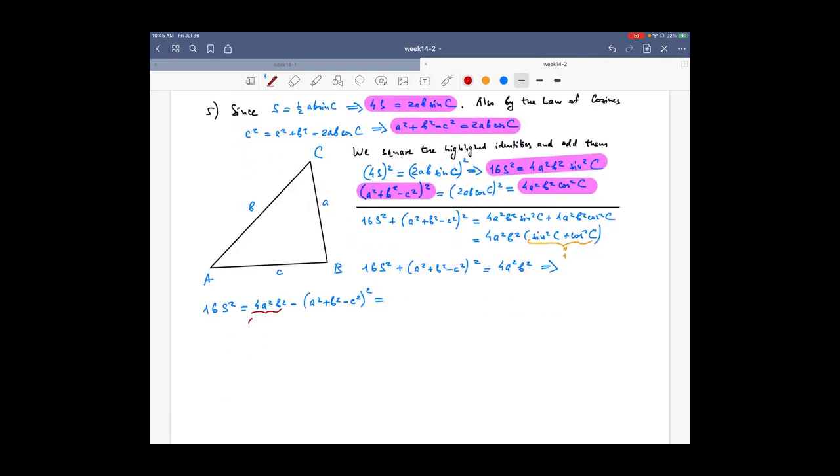This here is the square of 2ab, and this is clearly a square, so we get 2ab minus a squared plus b squared minus c squared, times 2ab plus that thing, a squared plus b squared minus c squared.